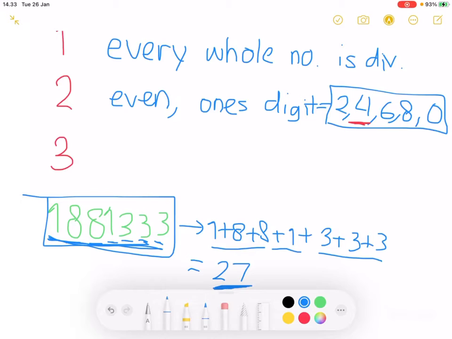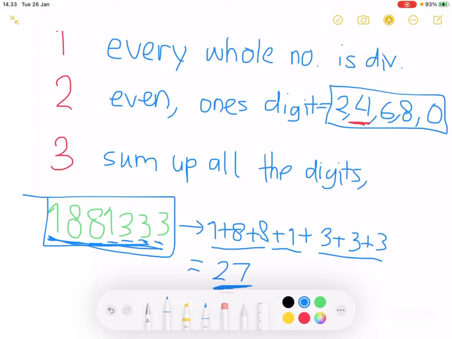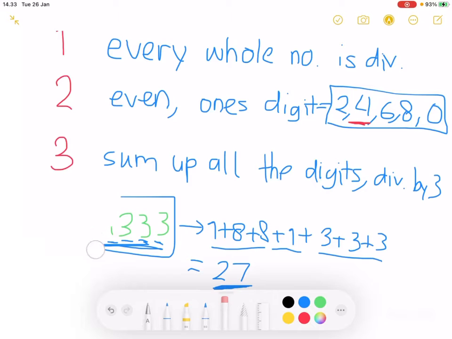So the conclusion is you must first sum up all the digits and see if this sum is divisible by 3. Okay, there we go. That's all I have to say for this part.